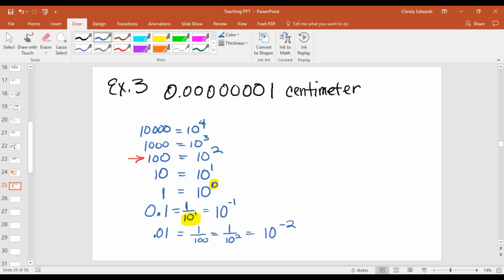Let's do a few more of these and see if we can figure out the same kind of cool shortcut that we figured out with the larger powers of 10. The power of the 4 is just how many, if you've got a 1, how many zeros are after it? Or basically, if you've got a number up front, how many places are after it? That's where the 4 comes from.